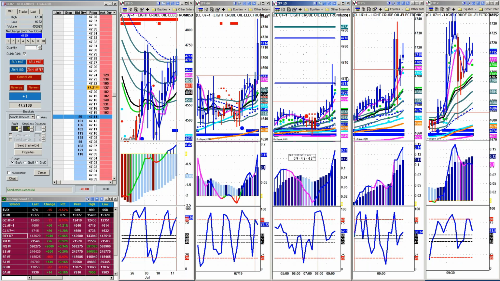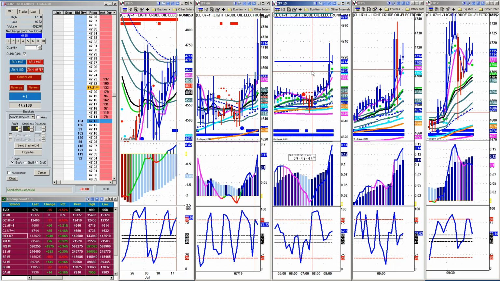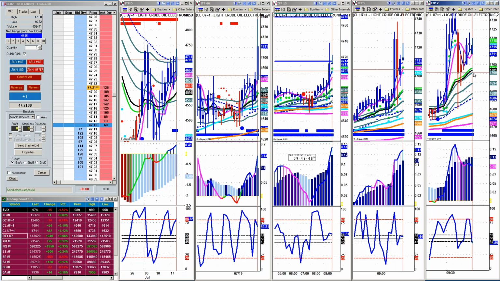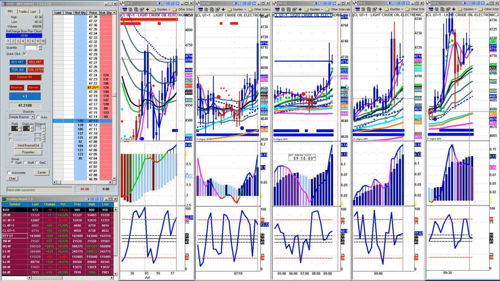Because of that, and because of the post-news environment, I'm giving this a chance. Basically I'm just giving it some breathing room because of the higher time frames underneath of us with support. If we didn't have that support underneath, then I wouldn't be doing that.